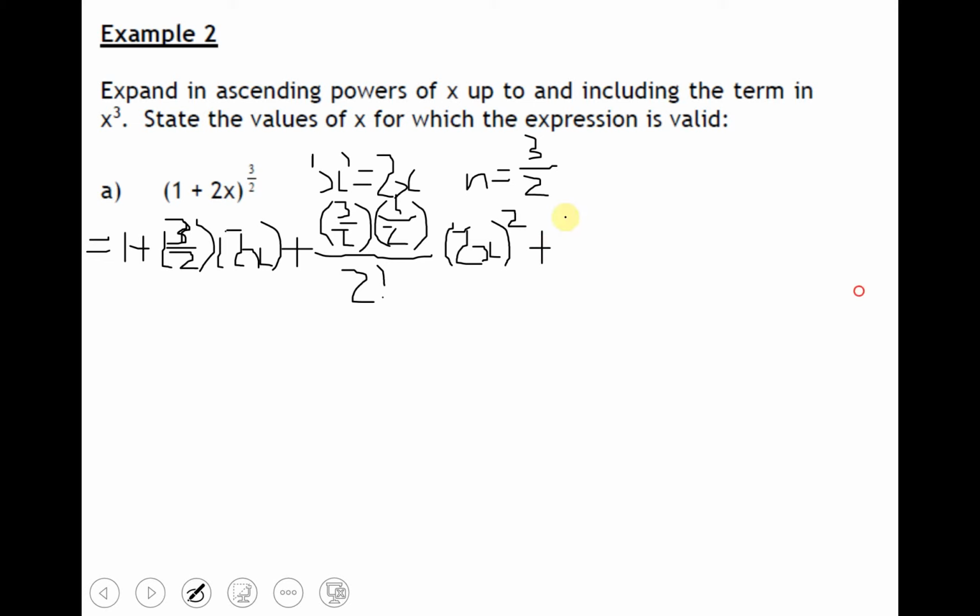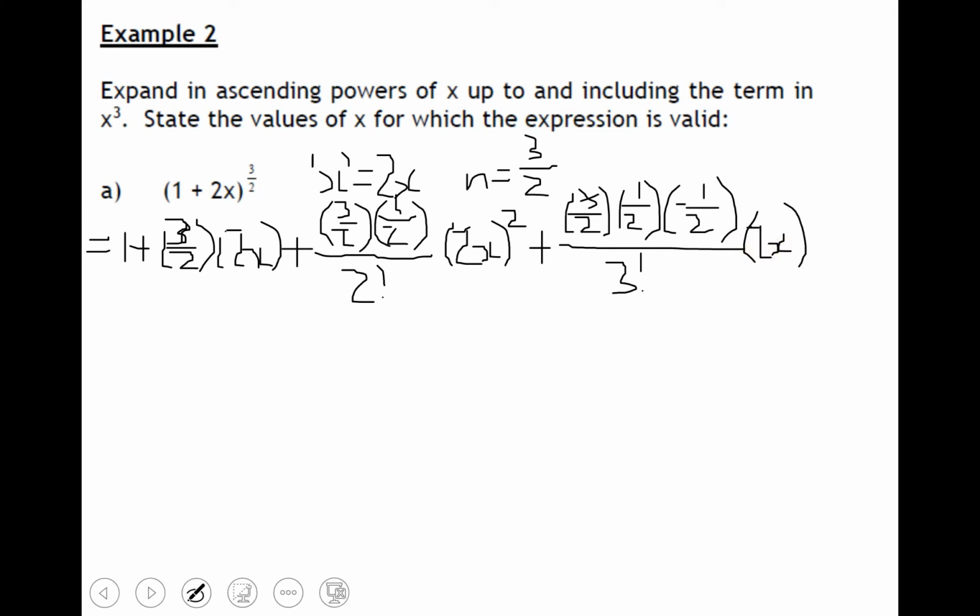plus 3 over 2 times a half times 1 less, so minus a half, over 3 factorial, times 2x cubed, plus dot dot dot.